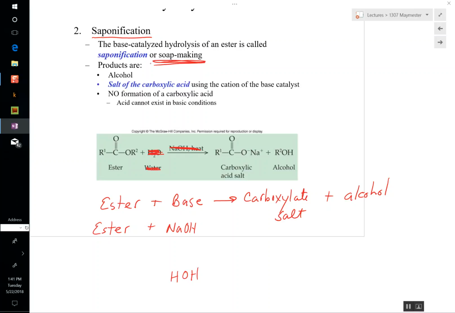And as the story goes, at least the way I hear it, sacrifices would be made to this deity, a burnt offering of like a lamb or something like that. And the fat of the animal would mix with the ashes of the wood. And the wood ash is potassium hydroxide.